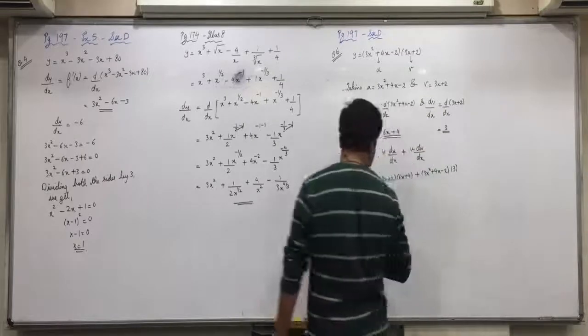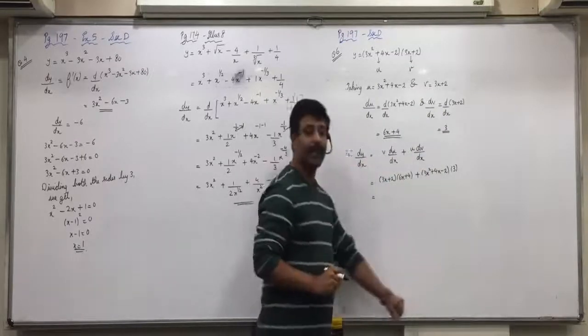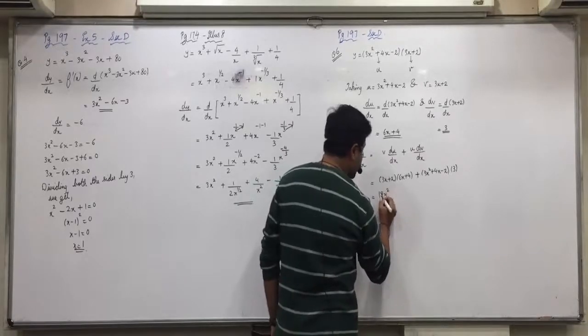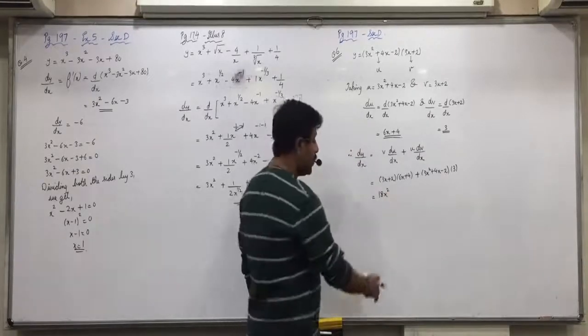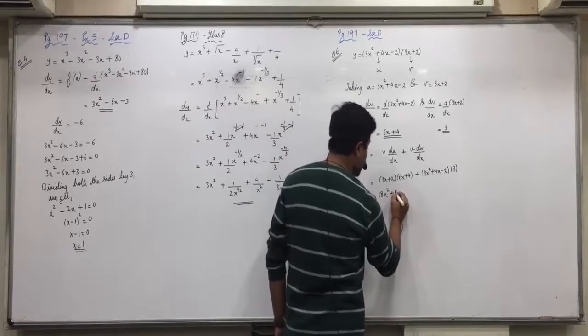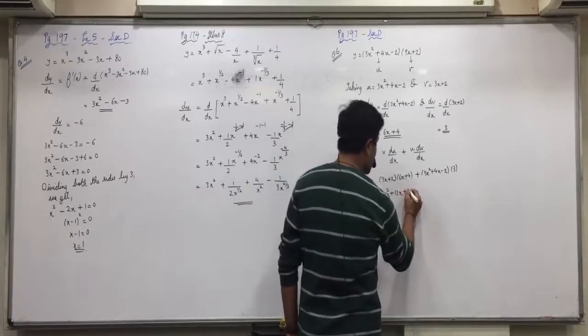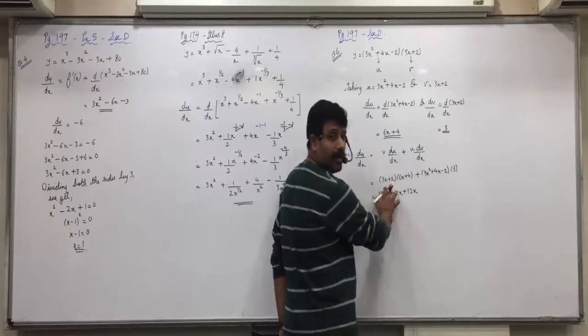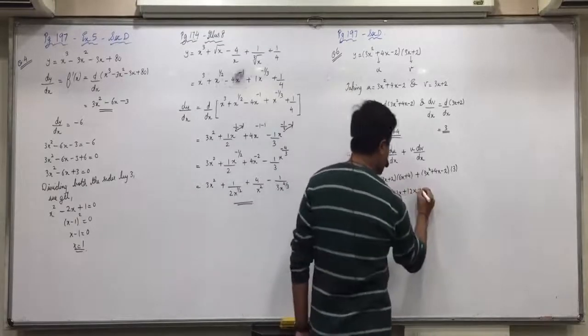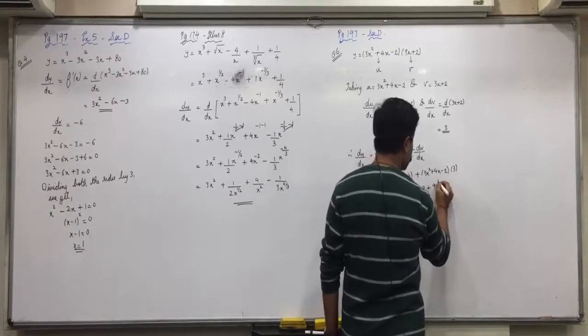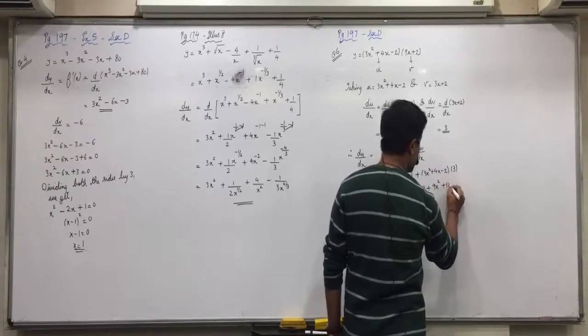Now, 3x into 6x, 18x². Then 2 into 6x, 12x. 3x into 4, 12x. And 2 into 4, 8. 3 into 3, 9x². 4 into 3, 12x.